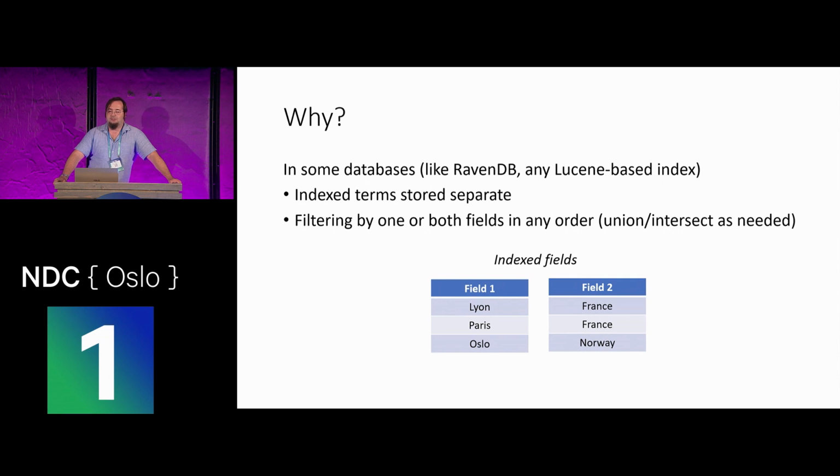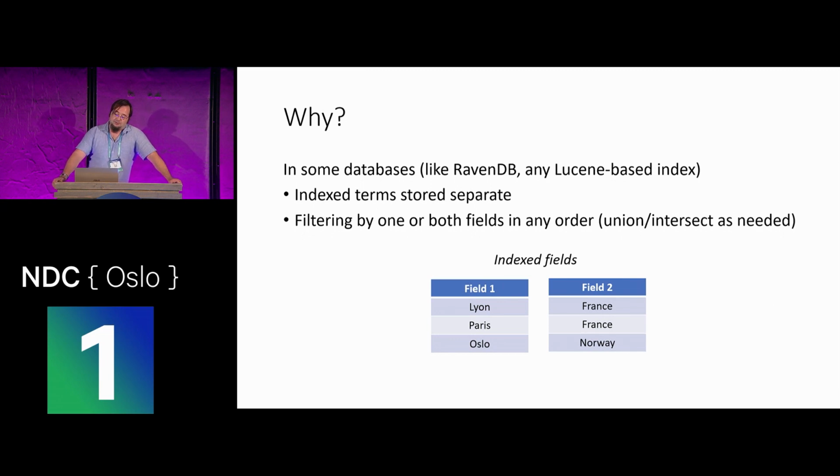Lucene originated from Java, actually. In .NET, there is a port called, as you would expect, Lucene.NET, a very good and very efficient querying and indexing engine. If you have heard about Elasticsearch and Solr, they all use Lucene behind the scenes. RavenDB also uses it, but RavenDB is a database.